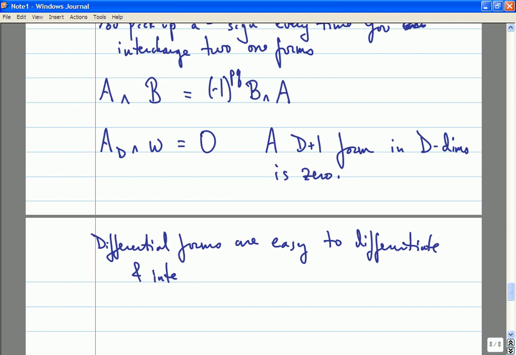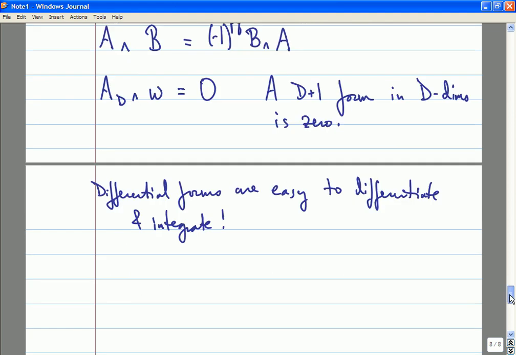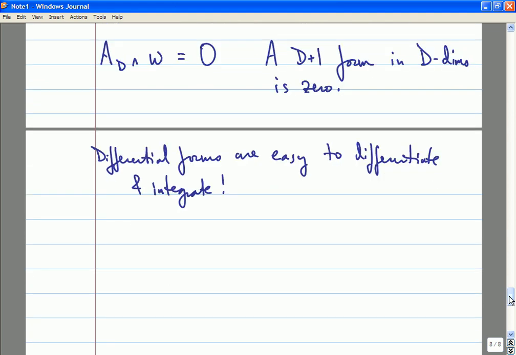Remember that in order to write down the laws of physics, we need to know how to take derivatives and integrals. And the whole point of differential forms is that it is very easy to take their derivatives and integrate them.